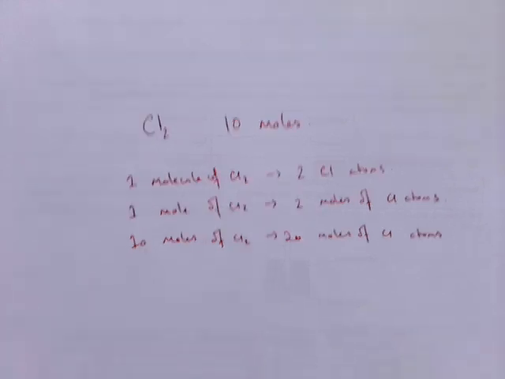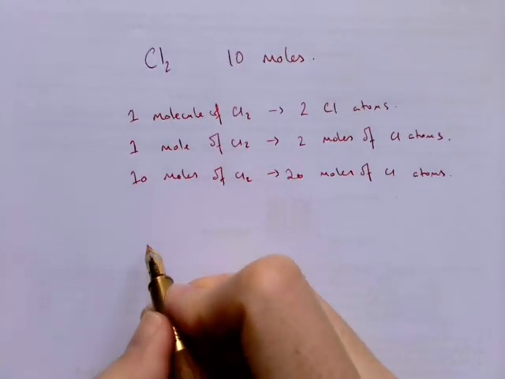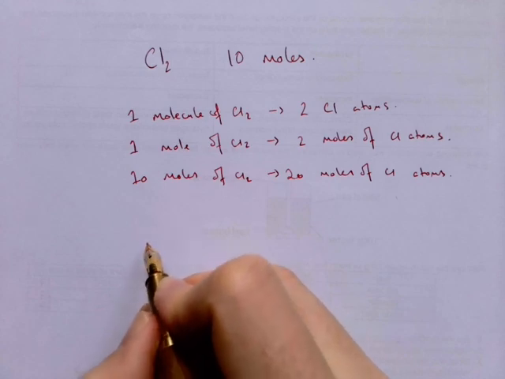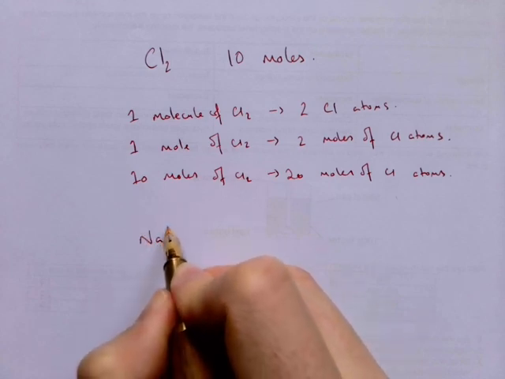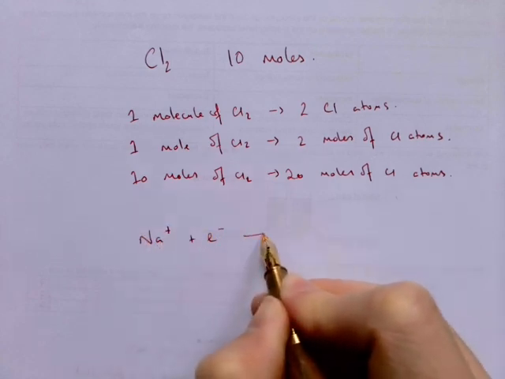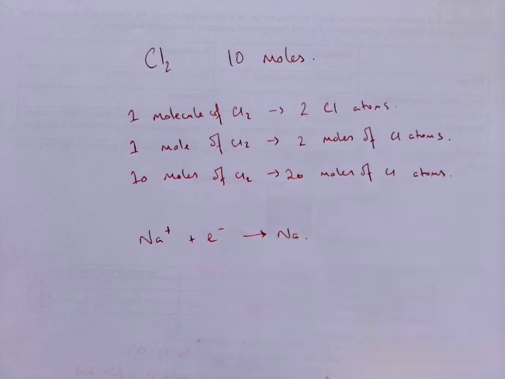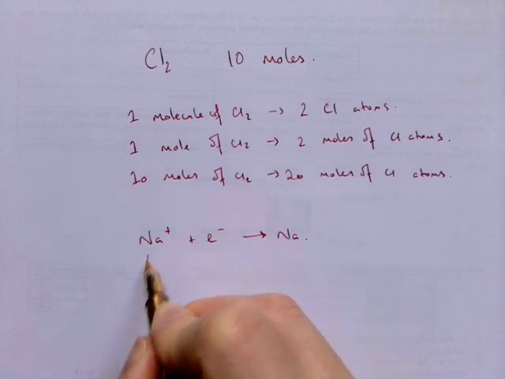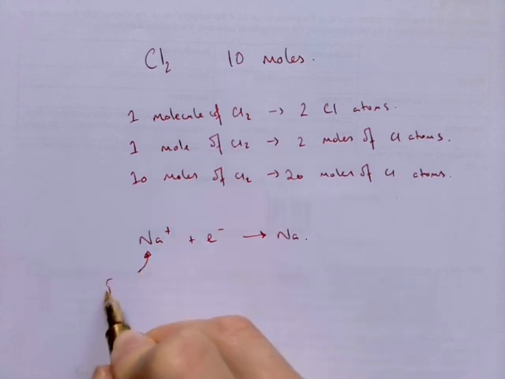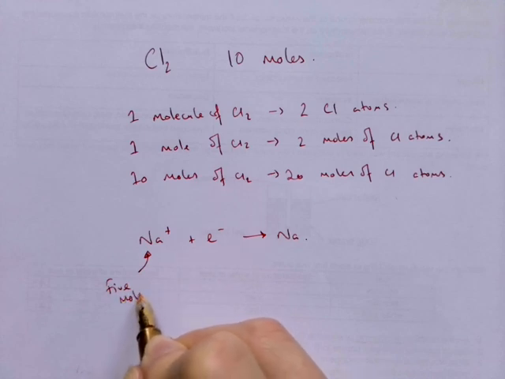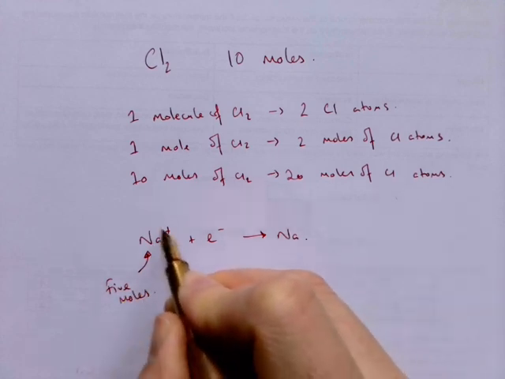Okay, and the other one was if I have the reduction of sodium ions, Na+ + e- gives me Na, and I have 5 moles of sodium ions.